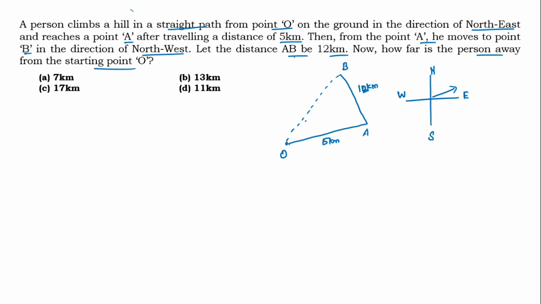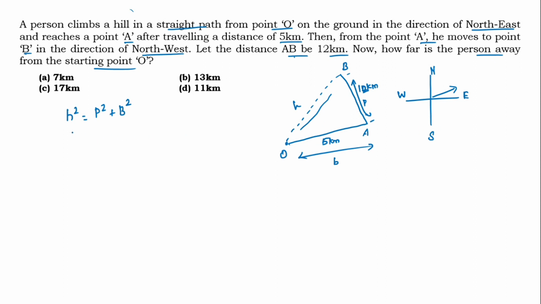As I said, the slanting portion is hypotenuse, this is perpendicular, and this is base. So what is the formula? H square is equal to P square plus B square.